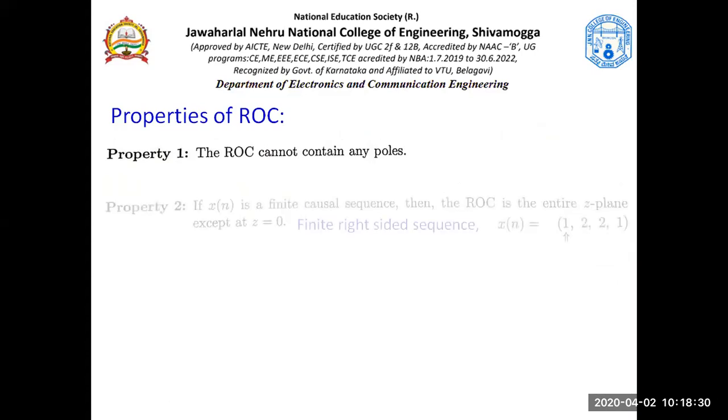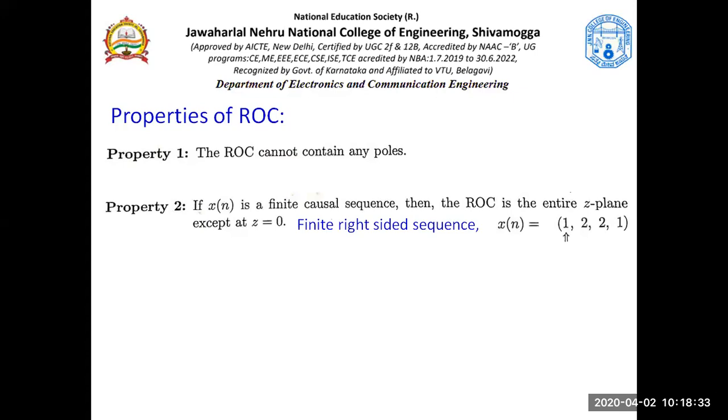Moving on to the next property. This is something that we saw for the finite sequences. You remember we had considered this type of signal. So what was the Z transform of this? We had found the Z transform. Now we are discussing the ROC. What was the ROC of this?